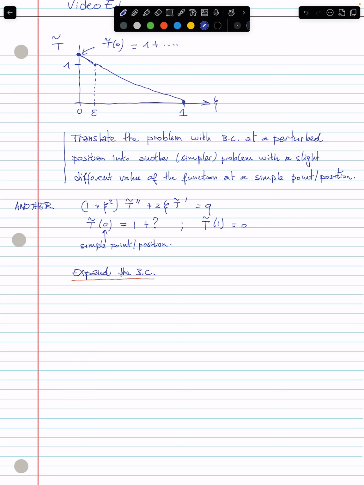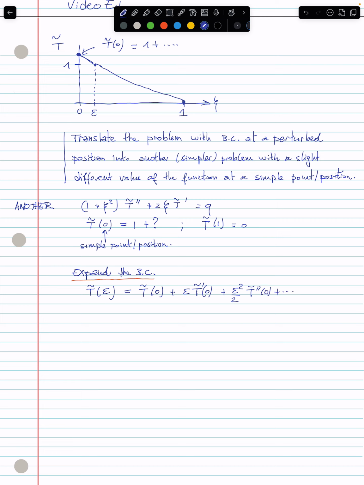And so to transform or to expand the boundary condition, we're just going to write that the temperature at epsilon is in fact nothing but the temperature at 0 plus epsilon times the first derivative at 0 plus epsilon squared over 2 times the second derivative here, and so on and so on.